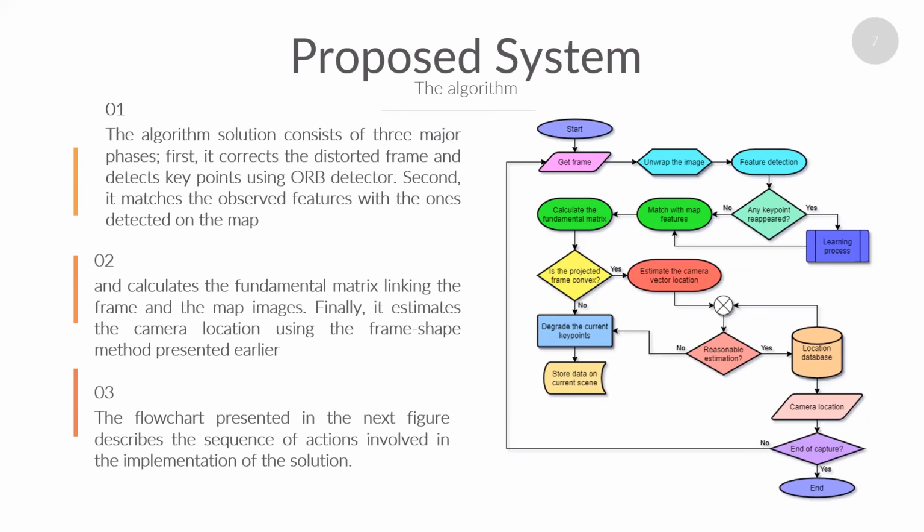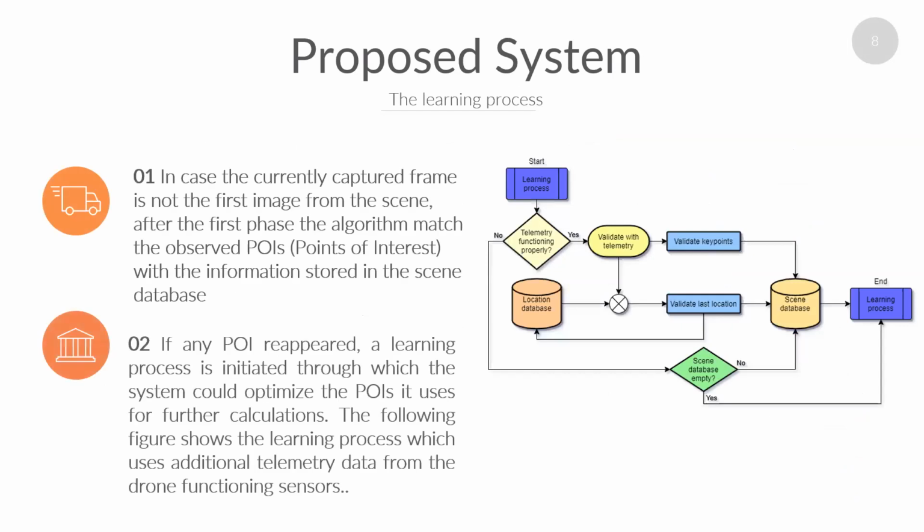First, it corrects the distorted frame, detects key points using the ORB detector, as we see here, and calculates the homography matrix for the currently captured frame.